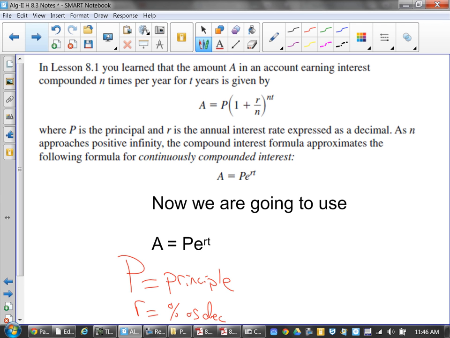Well, now when they change this up to continuously compounding, what this basically means is that your money is always earning money. It's not calculated on specific time slots.